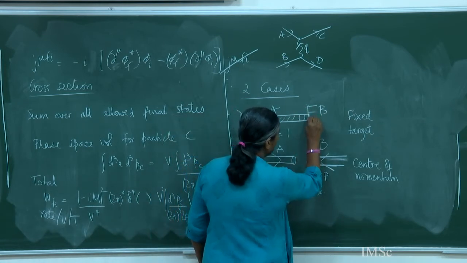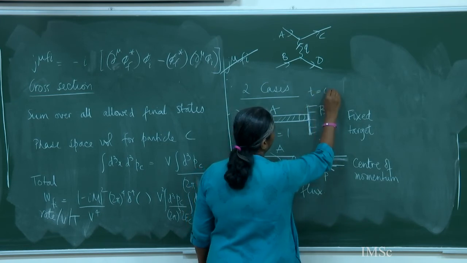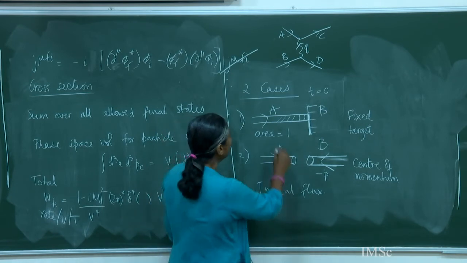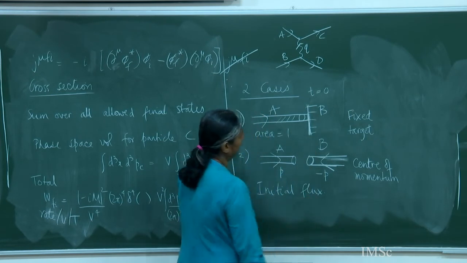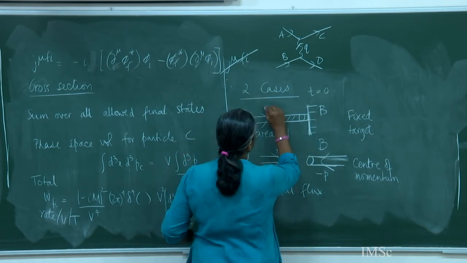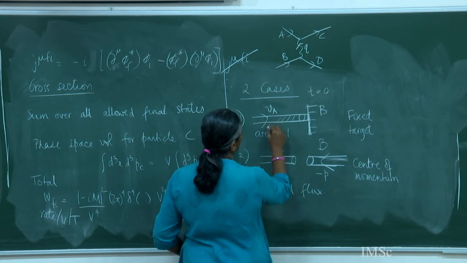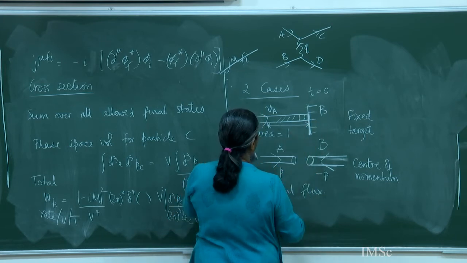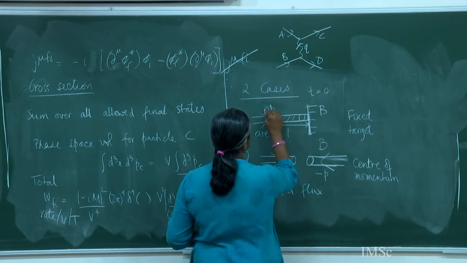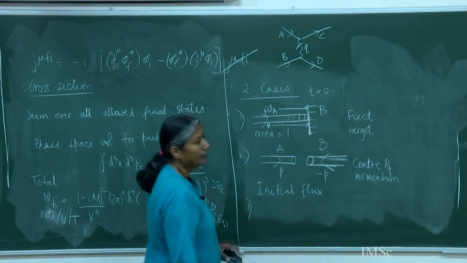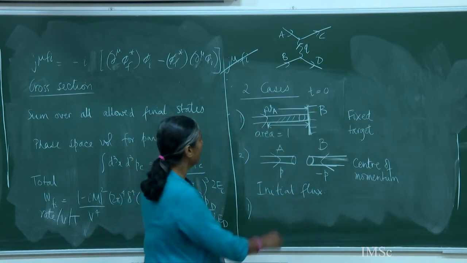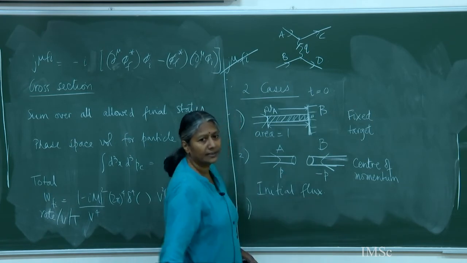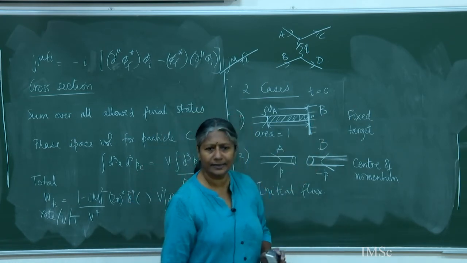So whatever particles are there in the beam at, let us say, t equal to 0 have just reached B and can start interacting. How many of these particles will reach this point in 1 second? Suppose I say that the velocity of these particles is vA, then in unit time all these particles which are a distance vA away, because in 1 second all these particles from here to here would have reached the target B and started interacting with it.